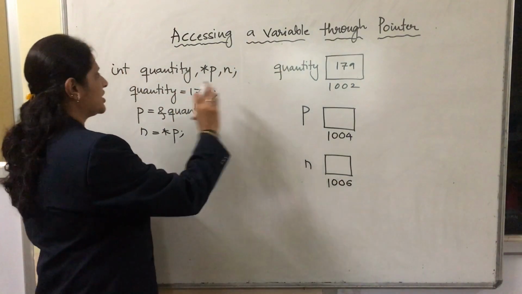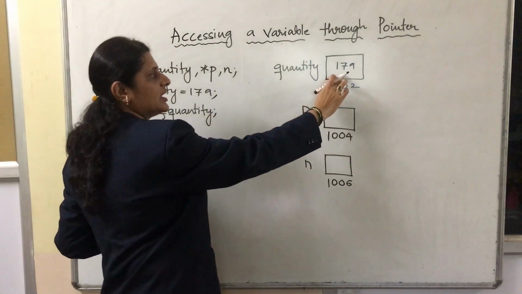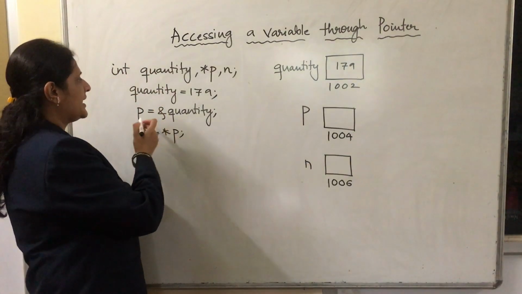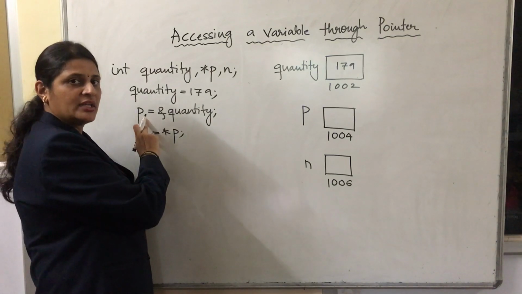Initially we are assigning 179 to quantity. So the quantity value is 179, which is stored at this location, and next we have the address of quantity assigned to the pointer p.